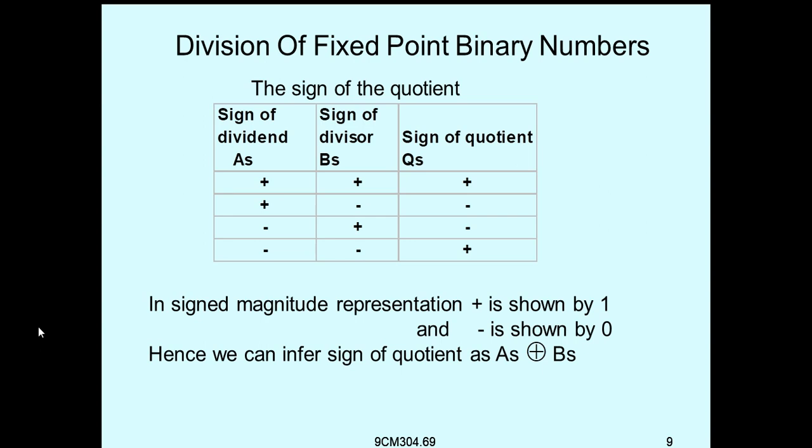And if the sign of the dividend is minus and the sign of the divisor is minus, the sign of the quotient becomes plus. In signed magnitude representation, plus is shown by 1 and minus is shown by 0. Hence, we can infer the sign of the quotient as AS XOR BS.